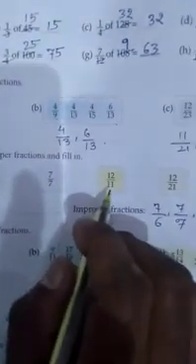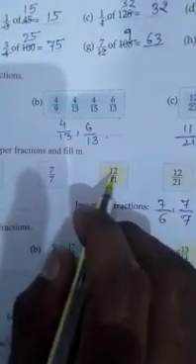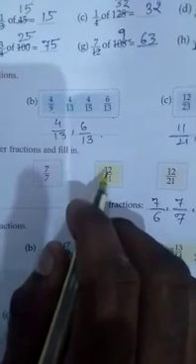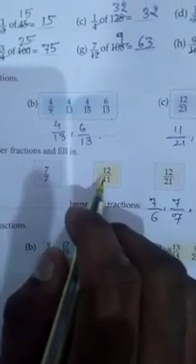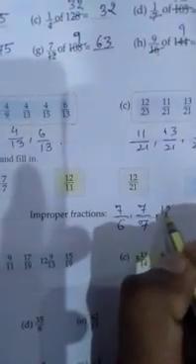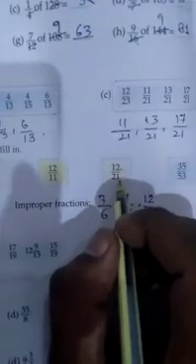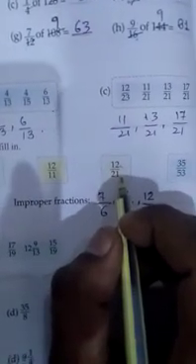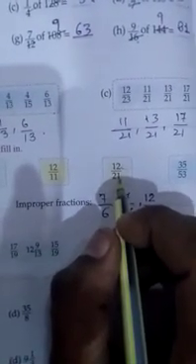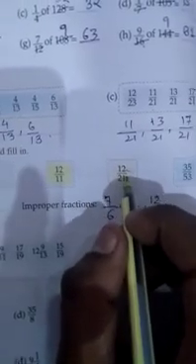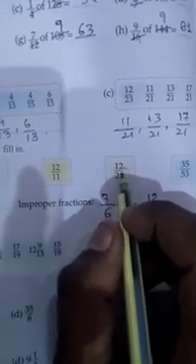Now 12 upon 11. Here the numerator is bigger. So this is also an improper fraction. So we will write 12 upon 11 in improper fraction. 12 upon 21. So here the denominator is bigger than the numerator. So this is a proper fraction.